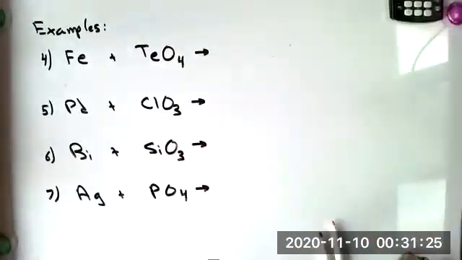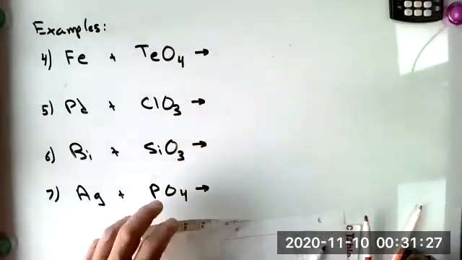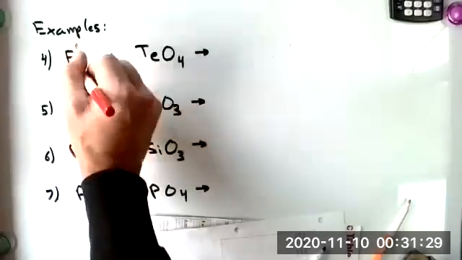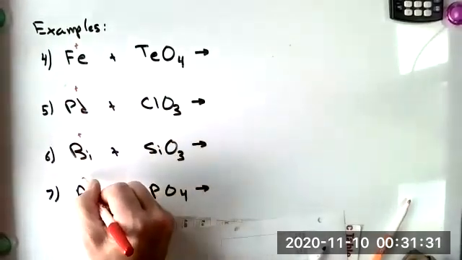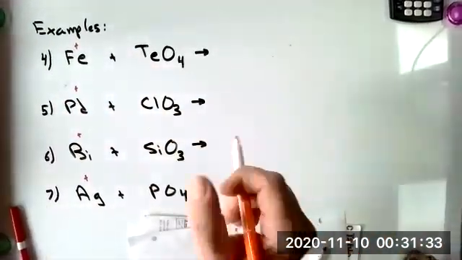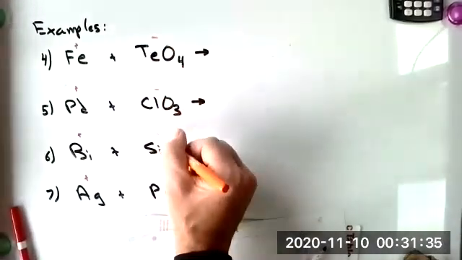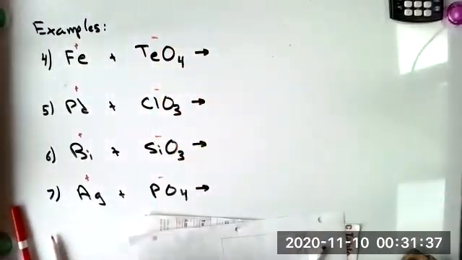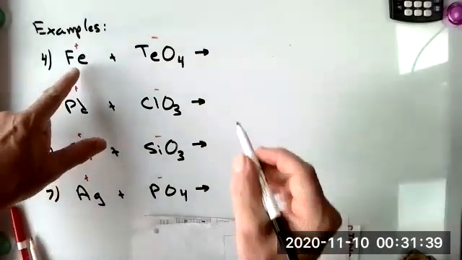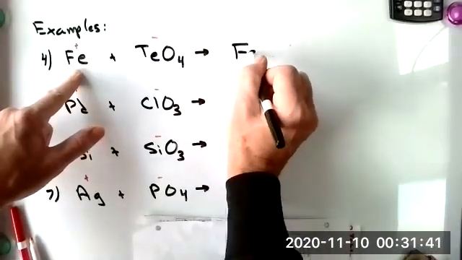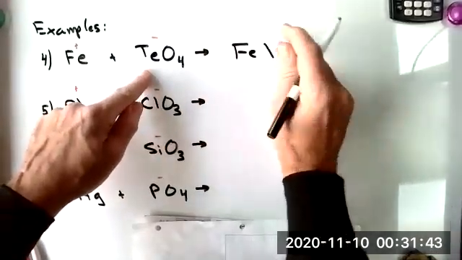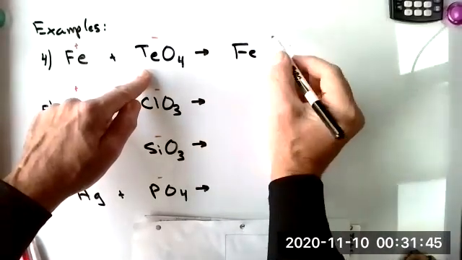Alright, so don't change how you do these things. The guy in the front is always going to be the positive metal, going to lose electrons. These guys require electrons to become stable and form those octets. So you are simply going to place them side by side.